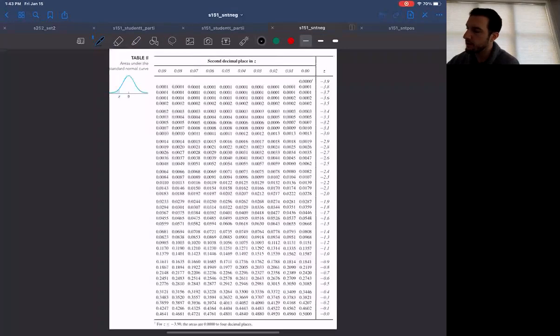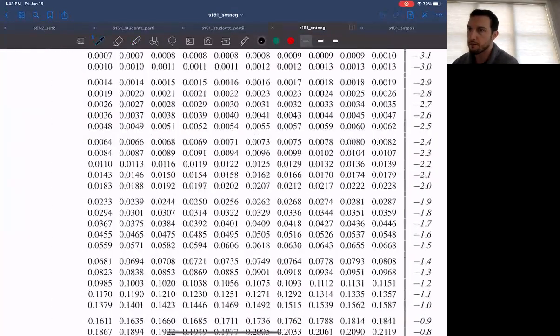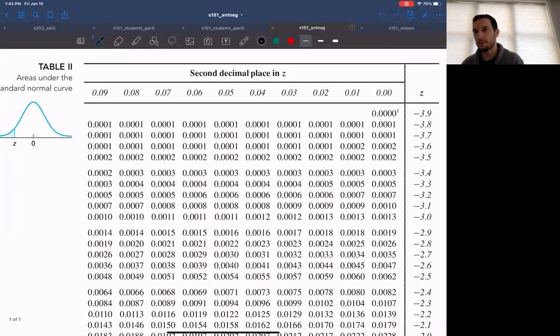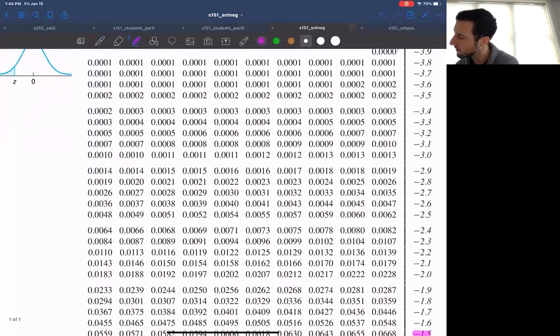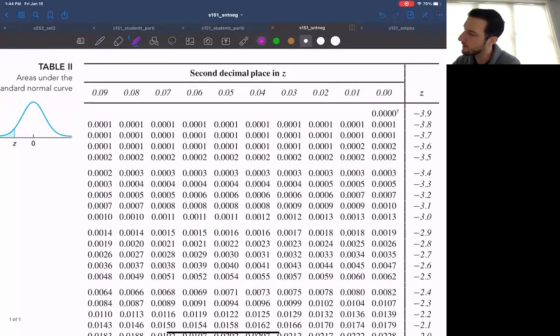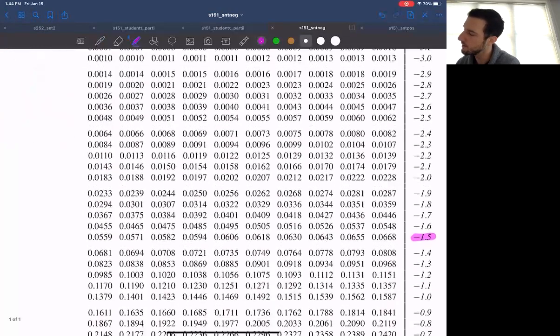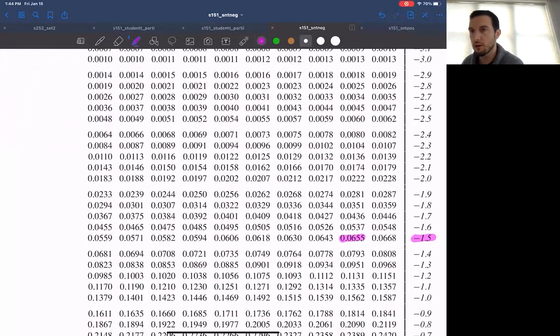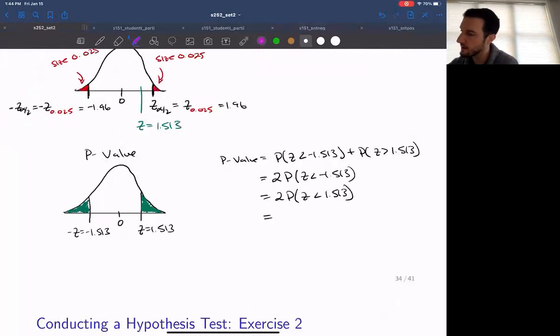It is a cumulative table, so it gives us the area to the left of the Z score. If we look up negative 1.51, which is this value right here, we get 0.0655. So this is going to be the size of the area in the lower tail.